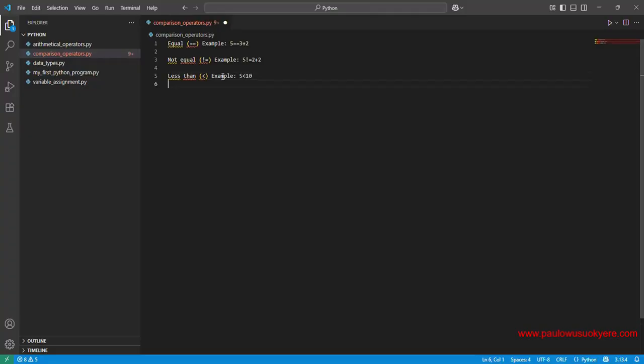And the next operator is greater than. One example is 5 is greater than 4.